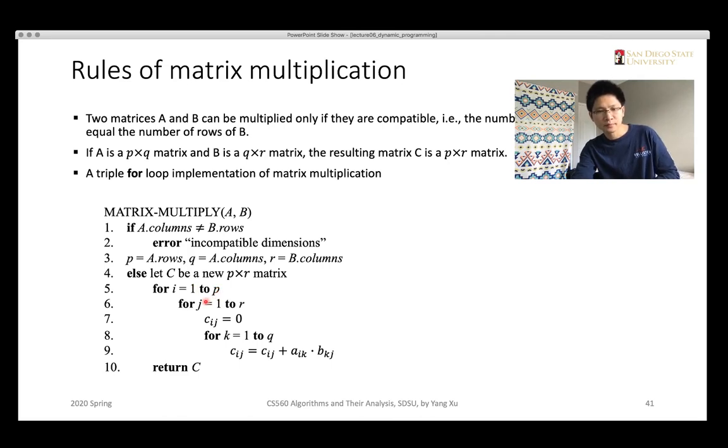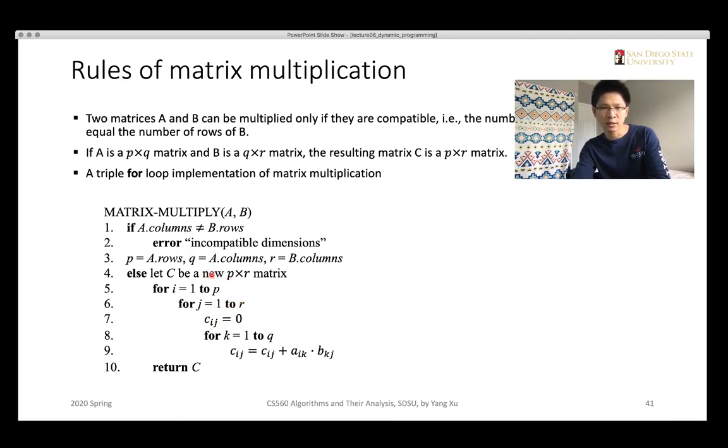And then there's a second for loop that iterates over the columns of B, which is from 1 to R. And this column range from 1 to R is also the columns in C, right?